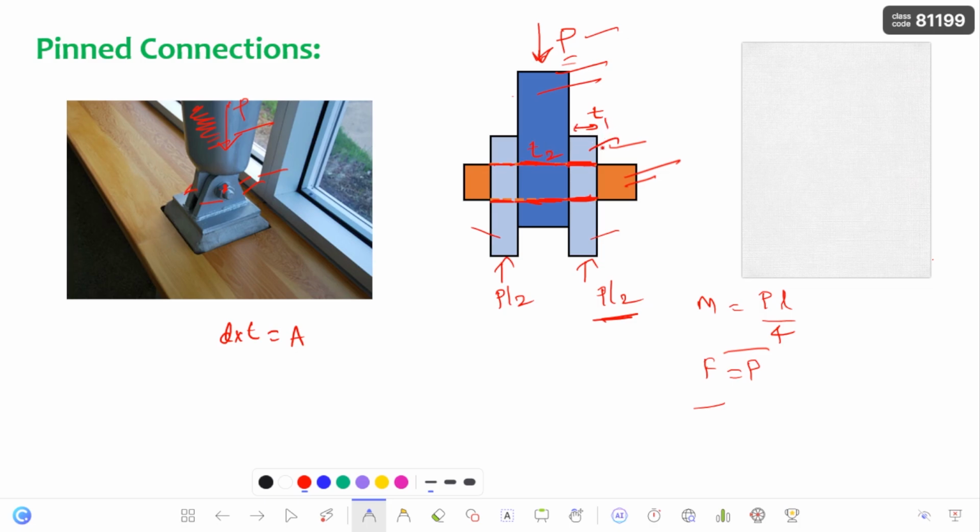So in the first case, in the T1 case, you have to check for the P by 2 load. Coming to the second case, that is the second plate, that is the structural member, which has thickness T2, you have to check for the maximum load, that is P. In this way, you have to check for the bearing.